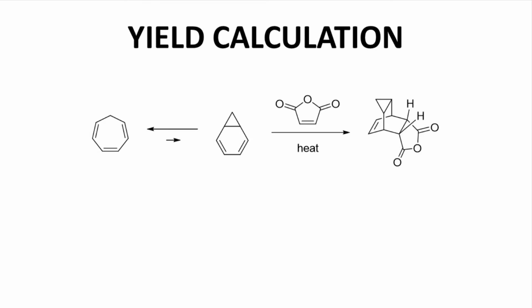All right, here is the reaction again. Let's first identify the limiting reagent. For cycloheptatriene, we used 208 microliters with a density of 0.888 grams per milliliter.